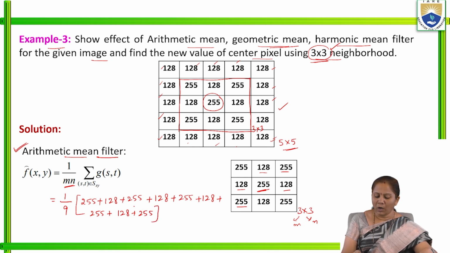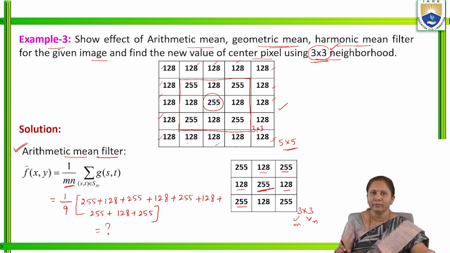Okay. So all these are the pixel values. We have to do the summation operation and the entire result should be divided by 9. Then the value we get here should be replaced in 255.